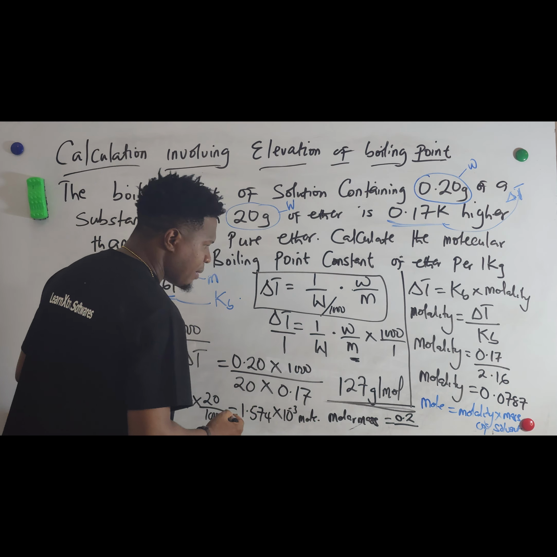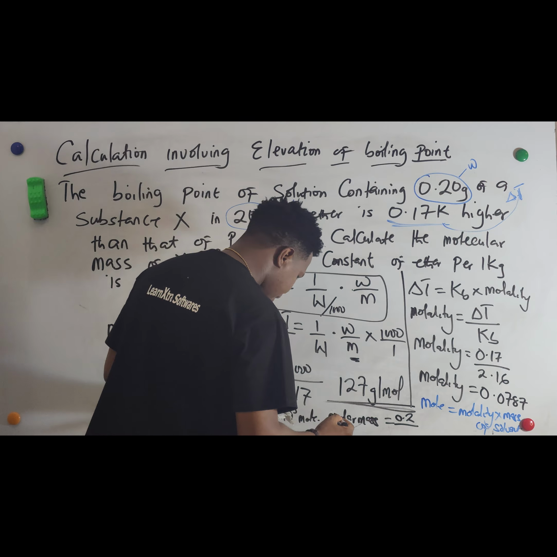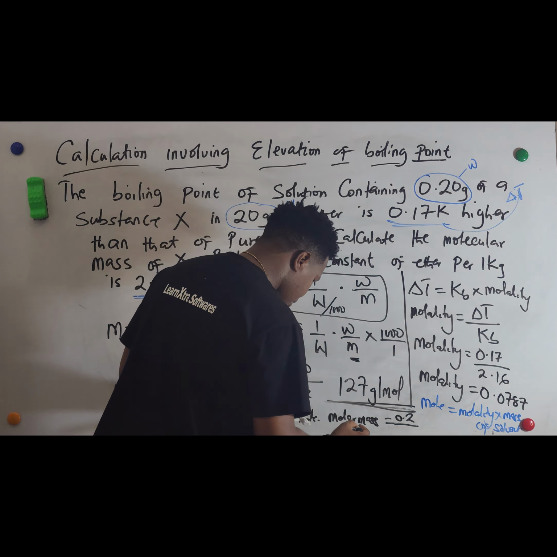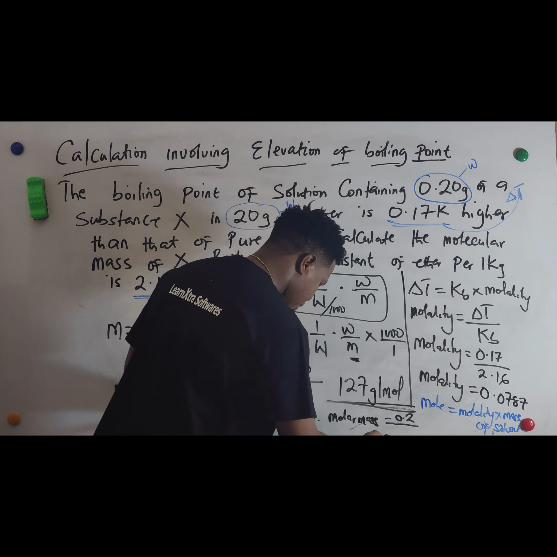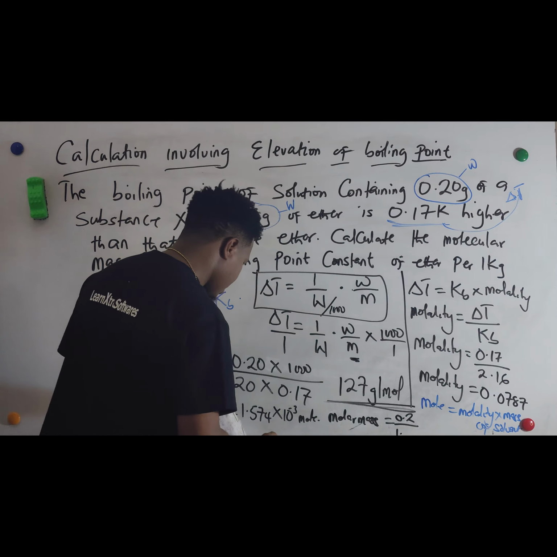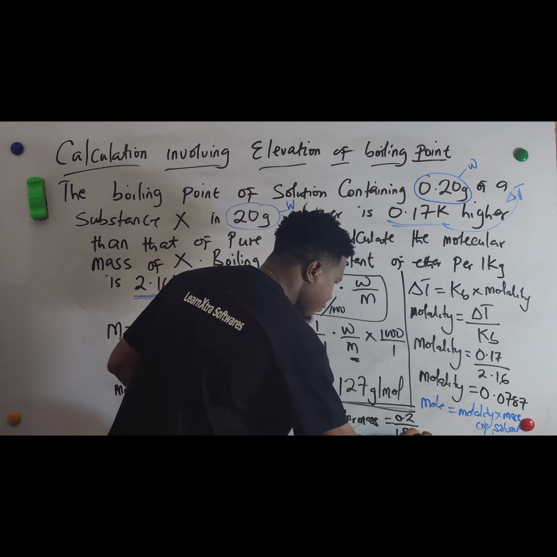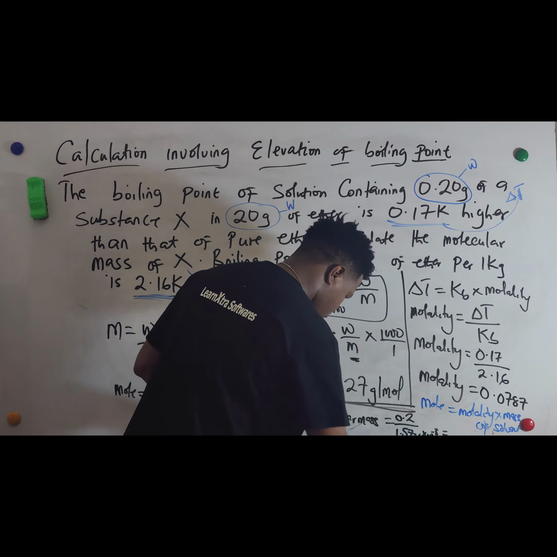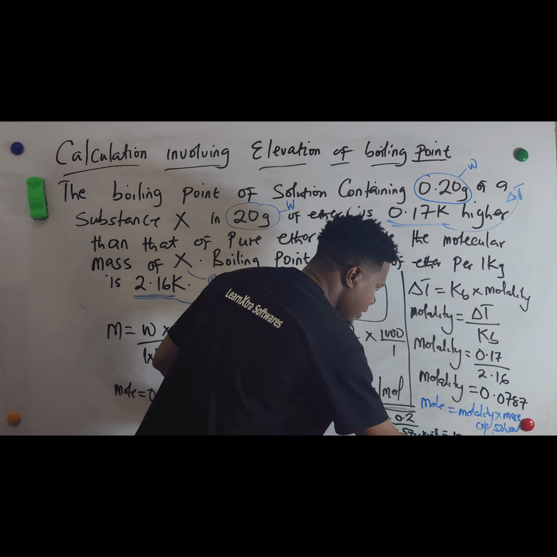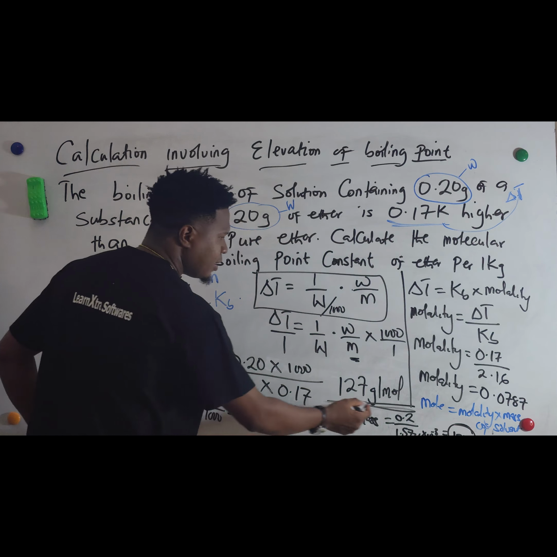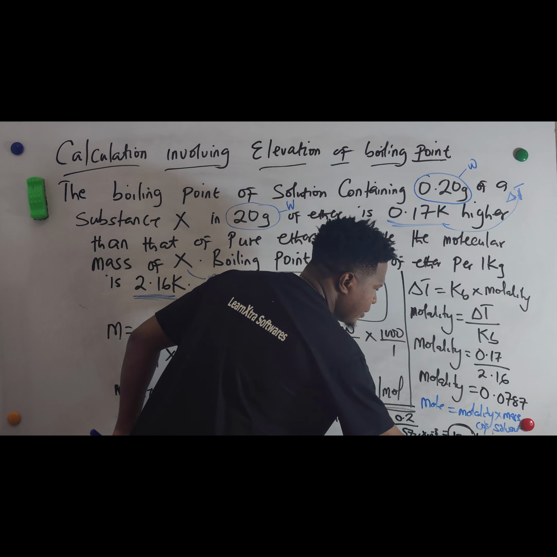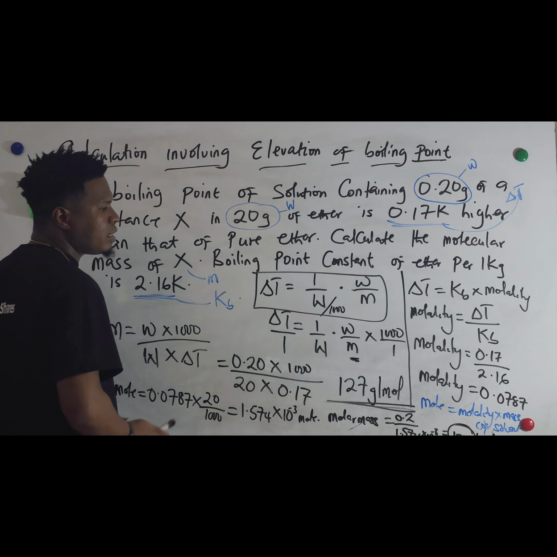So the mass is 0.2 divided by 1.574 times 10 to the power -3, so you get 127. So this is how we got this, which is also the same thing as 127 gram per mole.